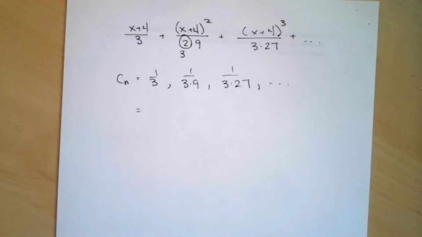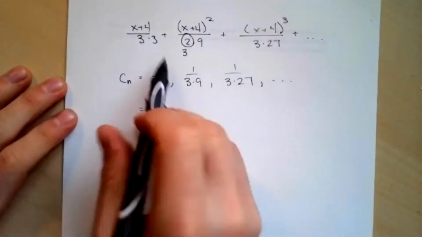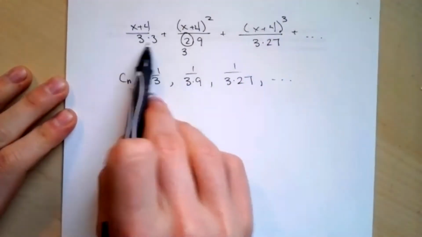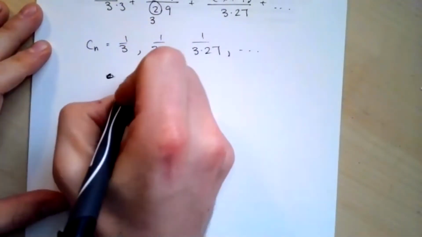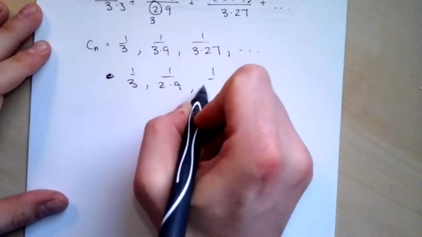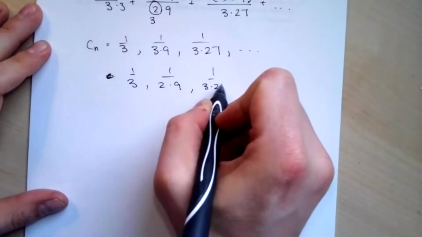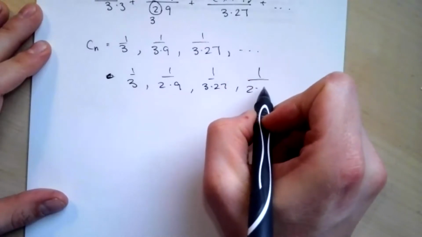It still isn't right, unless there's another term. Yeah, this doesn't work. I'm not sure if that should be a 3 or if there should be a 3 here as well. Because then you have 3, 9, 27, and then these individual 3s, or if perhaps the sequence is 1, 3, 1 over 2 times 9, 1 over 3 times 27. I don't know if it would go back to a 2 times 81.